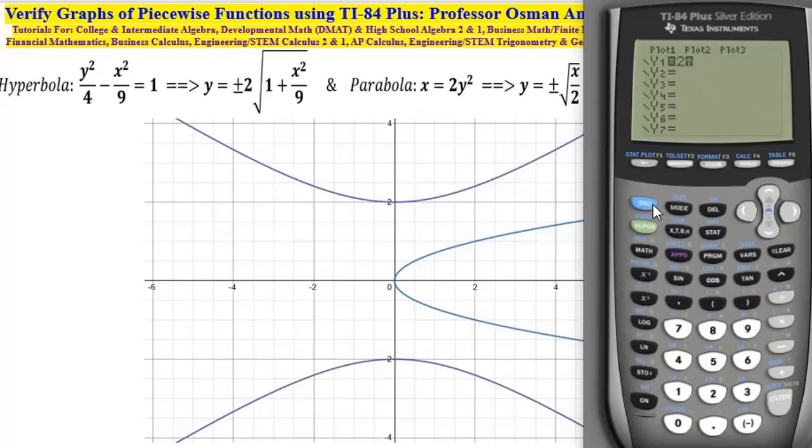Okay, so to enter the hyperbola, the top part is 2 square root of 1 plus x squared over 9. And the bottom part of the hyperbola is minus 2 square root of 1 plus x squared over 9.